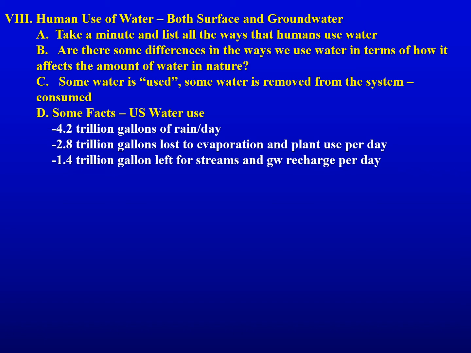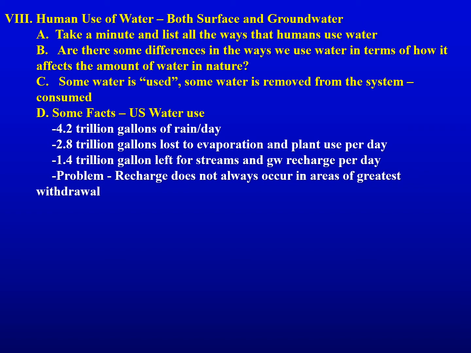So 1 out of every 3 raindrops ends up in either a surface water system, a stream, lake, or river, or ultimately the ocean, or infiltrates into the ground to recharge groundwater systems. So yeah, out of every 3 raindrops, 2 of them plants take up or go right back into the atmosphere.